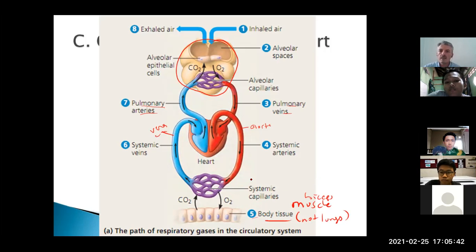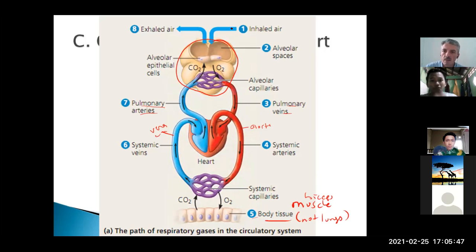Okay, let's say oxygen is coming. Okay, oxygen is coming. We are breathing in, oxygen is entering. It is in the alveolus. Then it diffuses into blood, right? Then blood transports it from lungs with pulmonary vein to the left atrium, to the left ventricle, to aorta, and then to tissues.